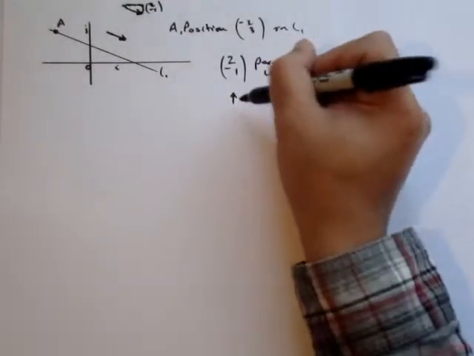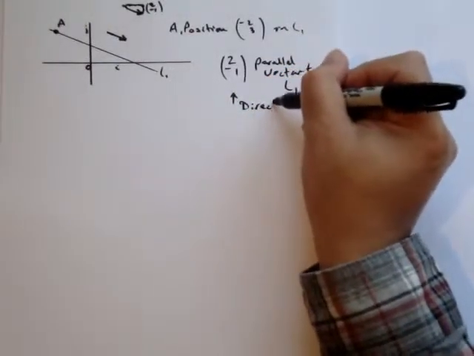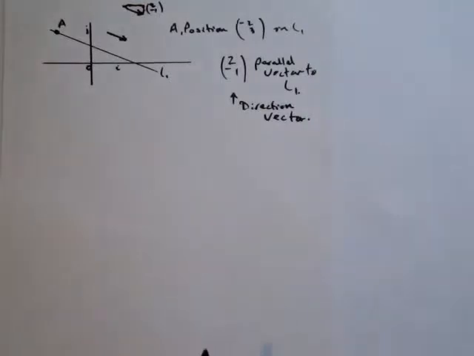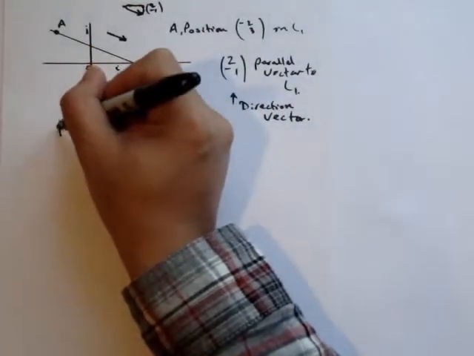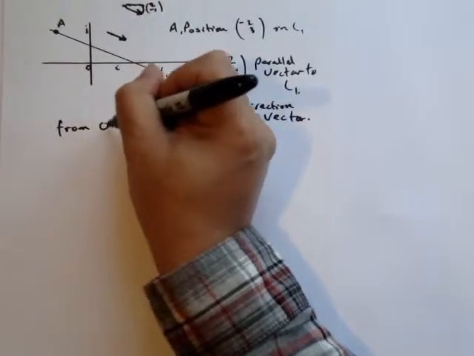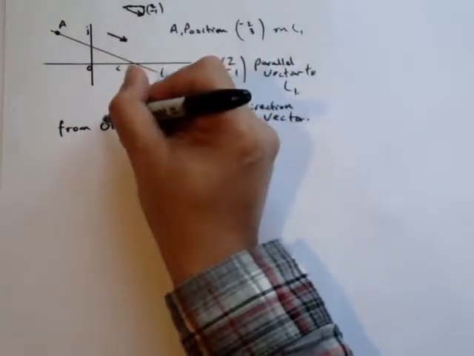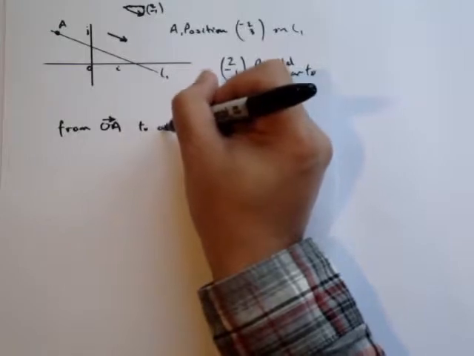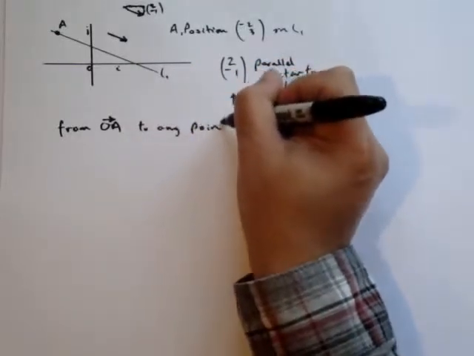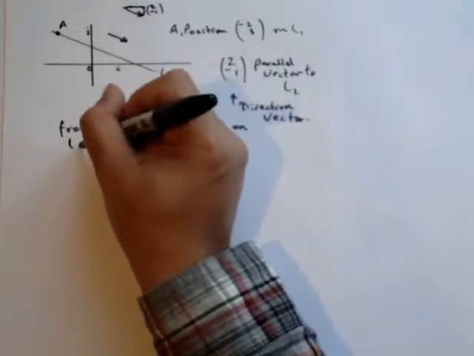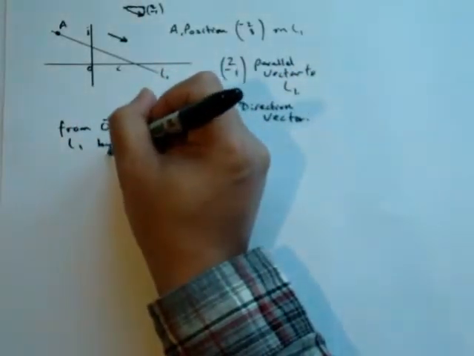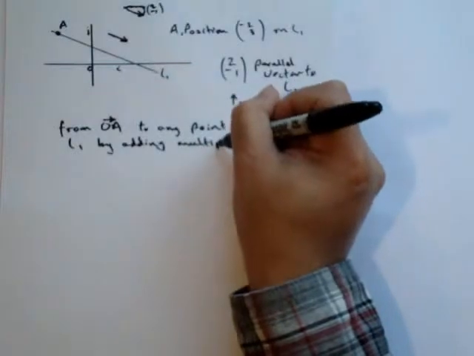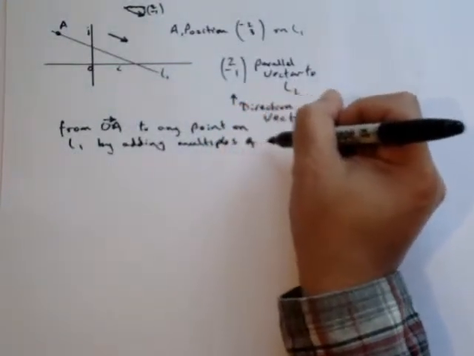Now this is called the direction vector, and what happens is we can go from OA to any point on L1 by adding multiples of the direction vector.